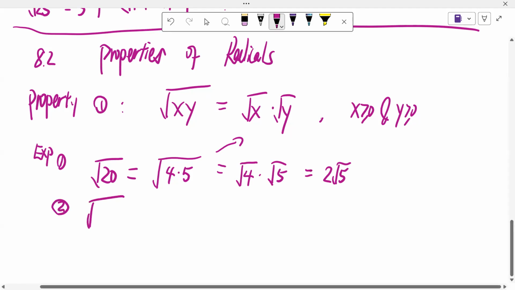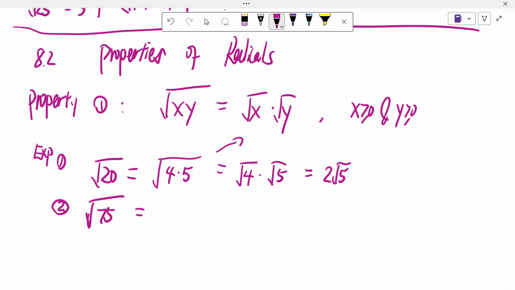Second one is square root of 75. So now, what will be the maximum perfect number that goes into 75? Any suggestion? Is it 9? No, not 9. Wait, hold on, because 9 times 9 is 81.